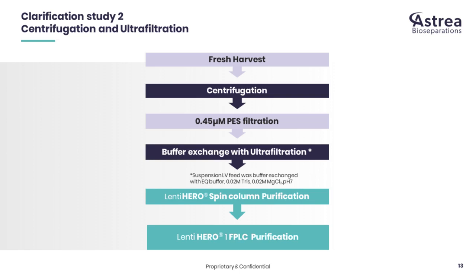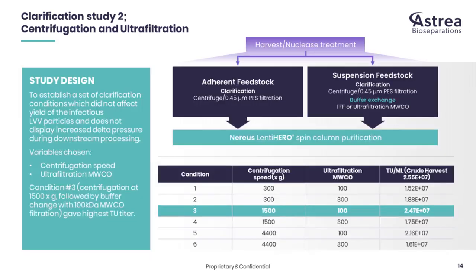In order to understand and reduce the shear stress from the start of the harvest, we explored primary centrifugation from fresh harvest, followed by buffer exchange with ultrafiltration. For suspension feed, we tested different sets of conditions with varied centrifugation speed and different molecular weight cutoff of ultrafiltration, as you see in the table.